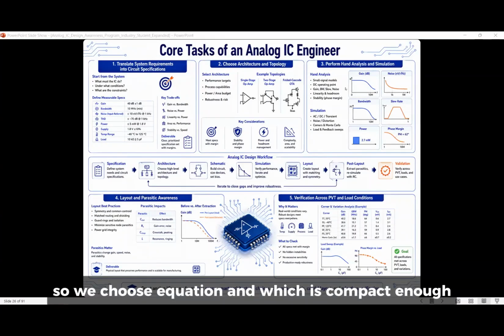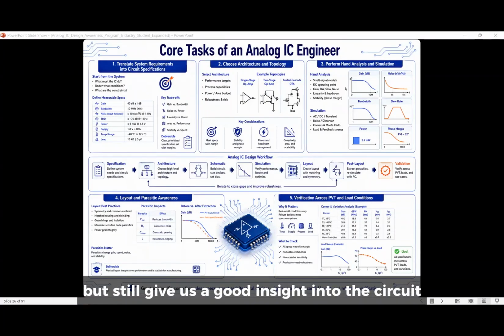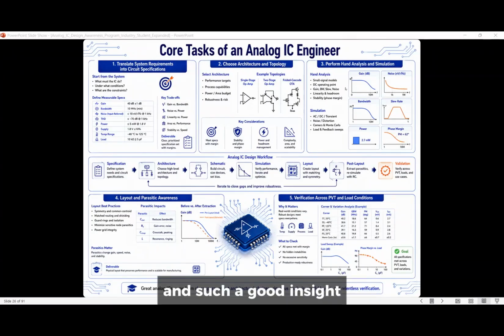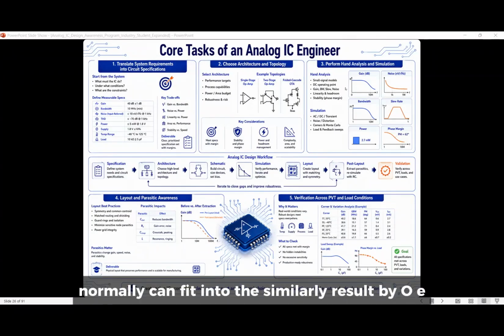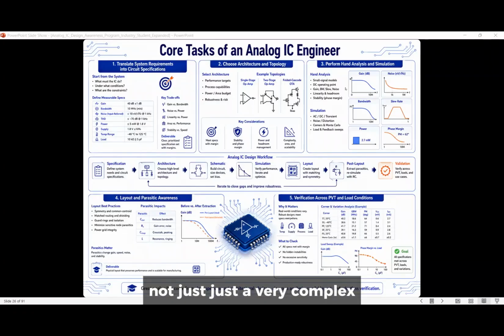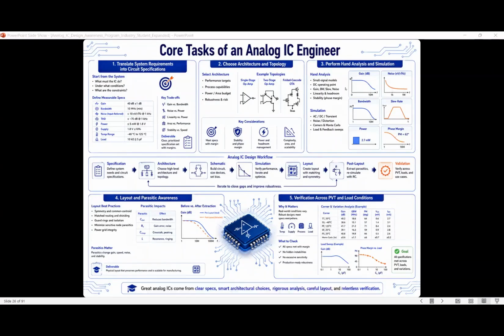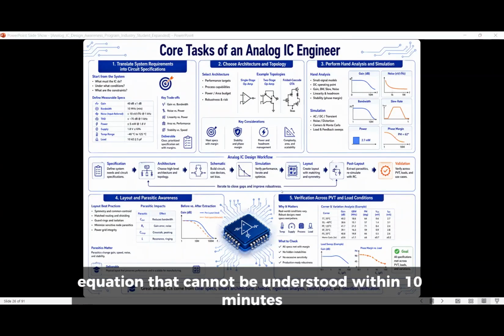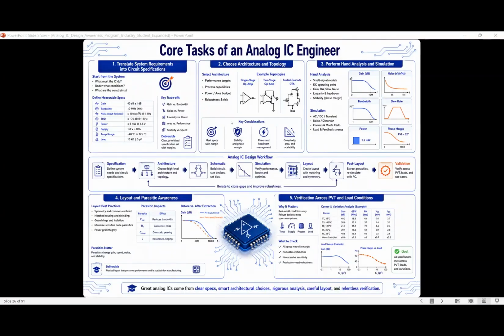So we choose an equation that is compact enough but still gives us good insight into the circuit. Such good insight normally can fit the simulation result from your EDA tool. This is what we wish to get, not just a very complex equation that cannot be understood within 10 minutes.